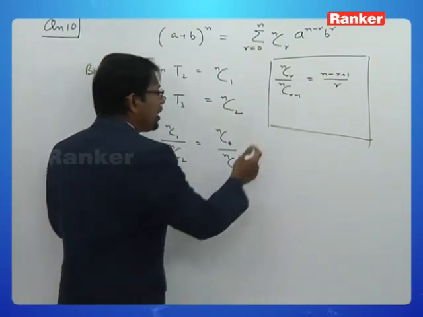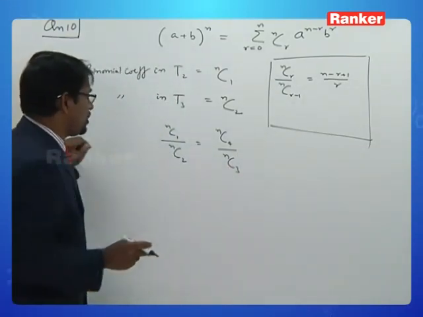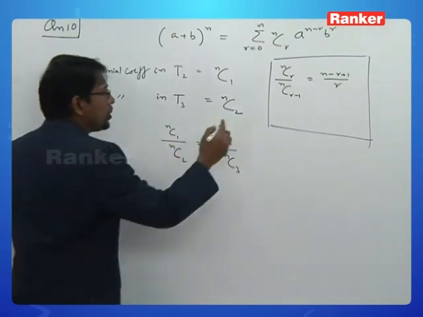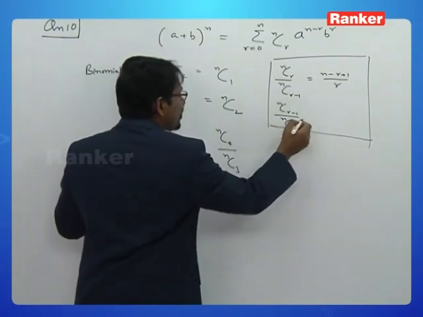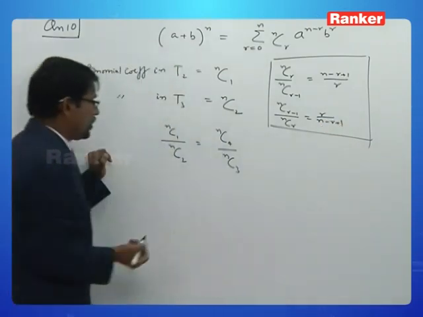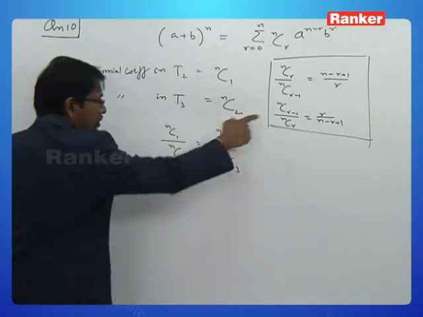And if it were to be reversed, as here we have nC1 by nC2, then nC(r-1) by nCr is r by (n - r + 1). Here I can treat r as 2.